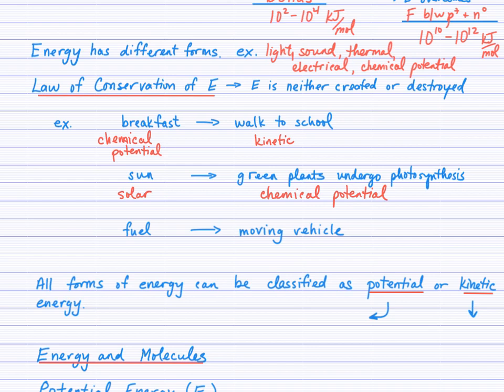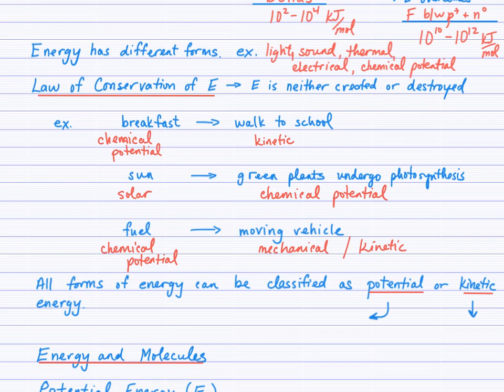A fuel, a gasoline in your car, is an example of a chemical potential energy. So we have molecules of the fuel, and that energy gets transferred into the mechanical energy or kinetic energy of the car as it's moving. You might also think of thermal energy as the car parts heat up.